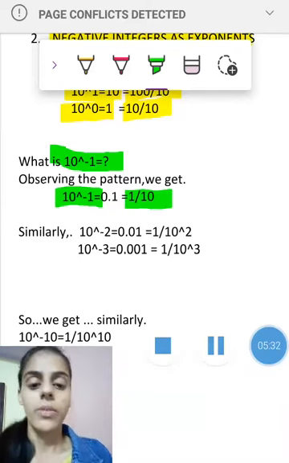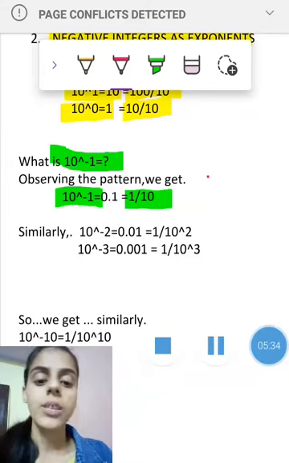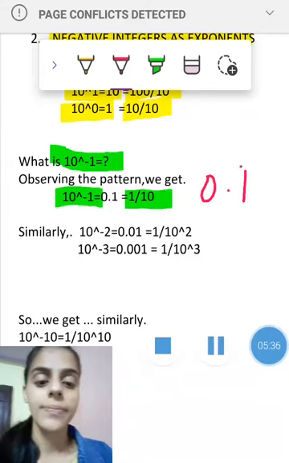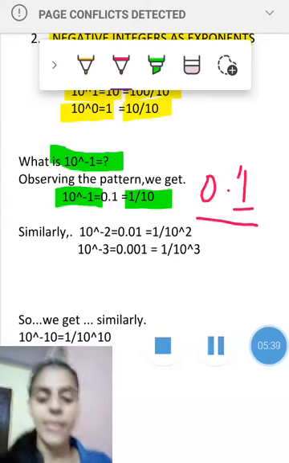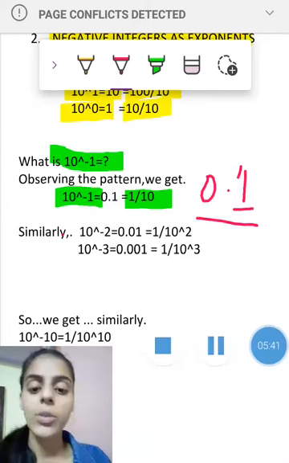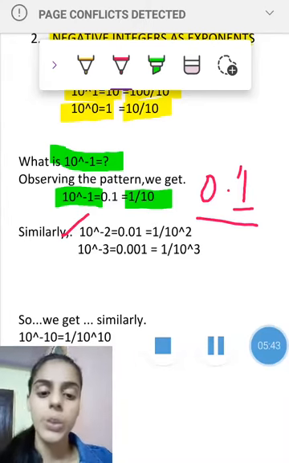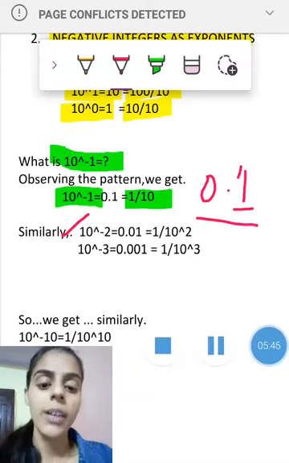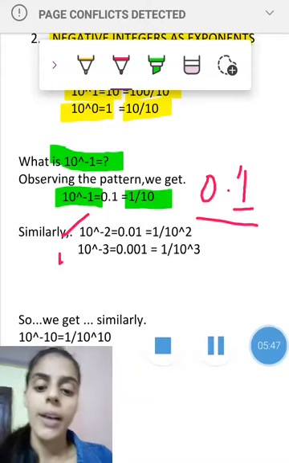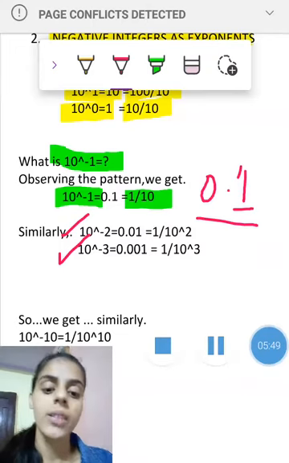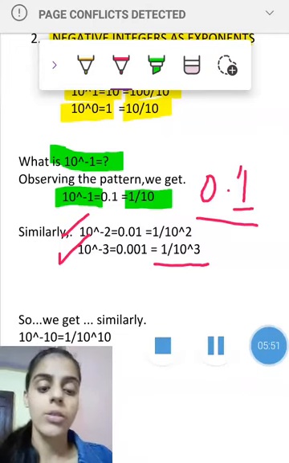The value of 1 upon 10 we will get 0.1, as simple as that. And similarly, 10 raised to the power minus 2 is 1 upon 10 raised to the power 2, and 10 raised to the power minus 3 is 1 upon 10 raised to the power 3.